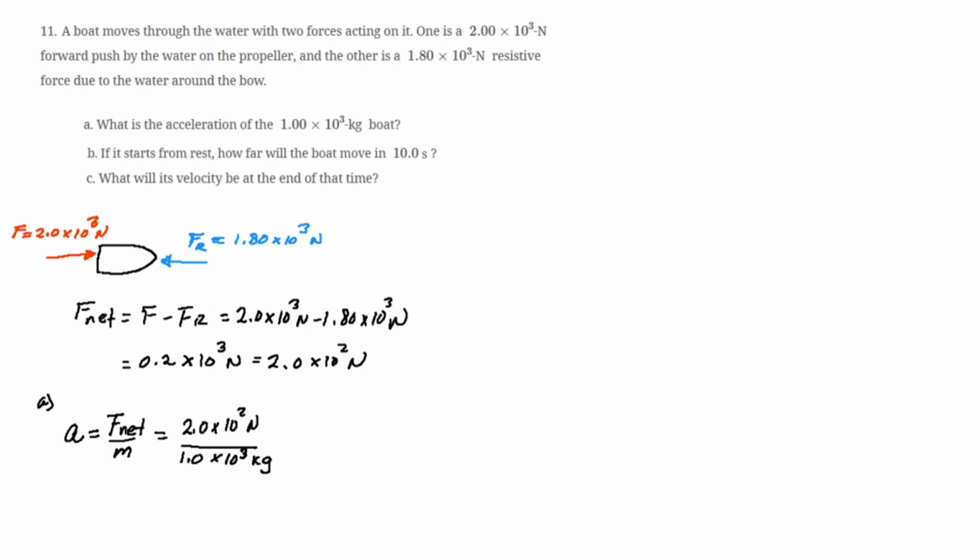So when you perform these calculations, you will get that this is basically 0.2 meters per second squared. So this is your acceleration. Divide the net force by the mass of the boat.